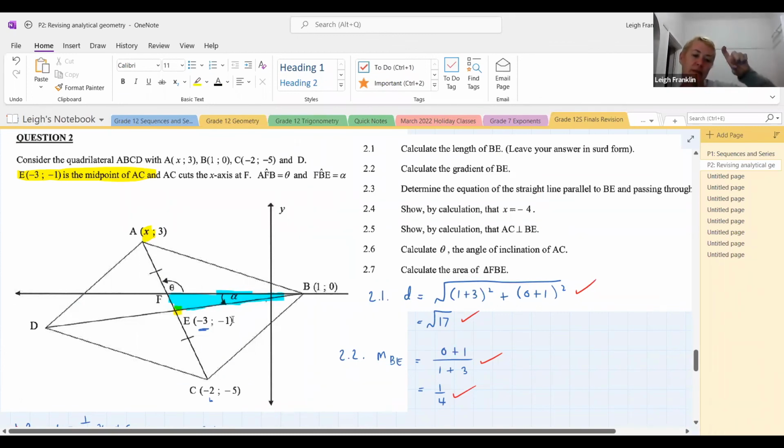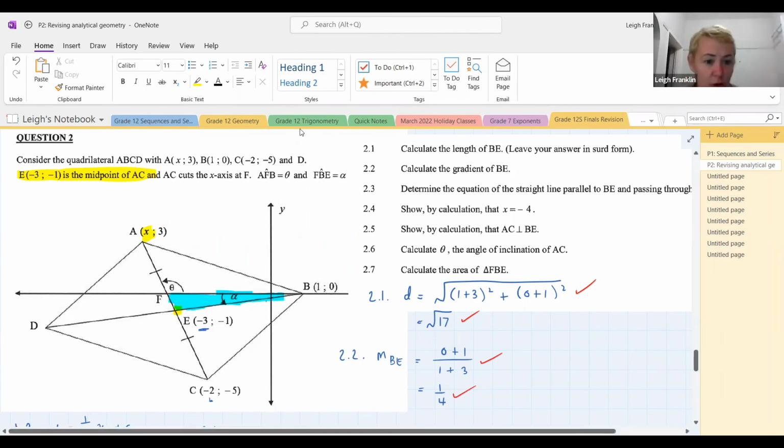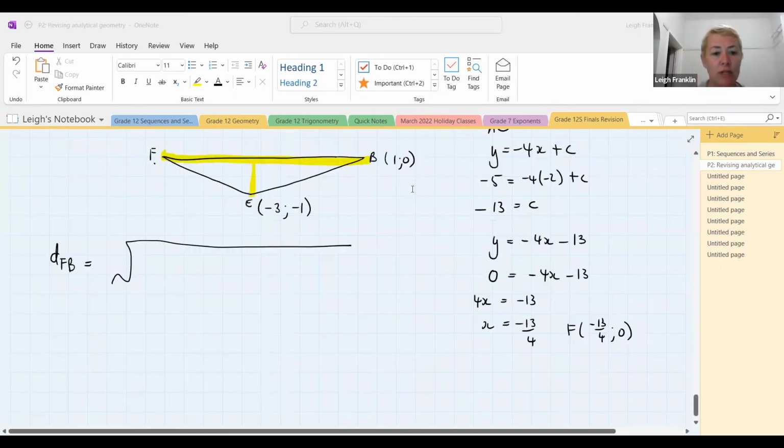That means that point E is exactly 1 unit away from the x-axis. That would be the perpendicular height of triangle FBE. Does that make sense to everybody? Okay, so based on the coordinates.